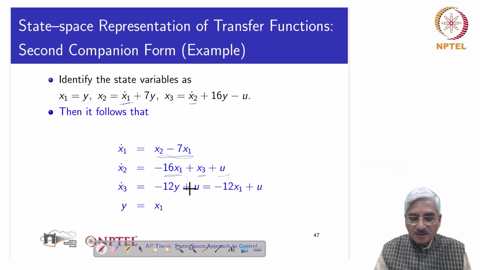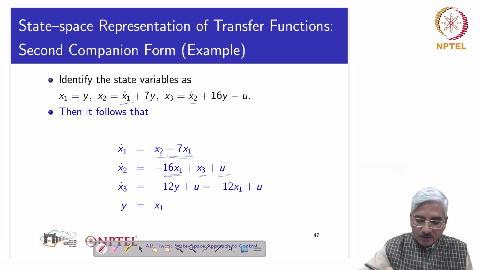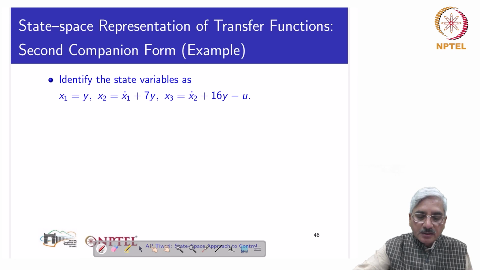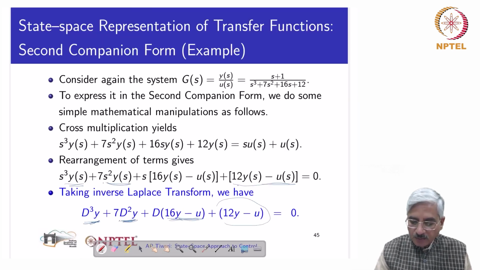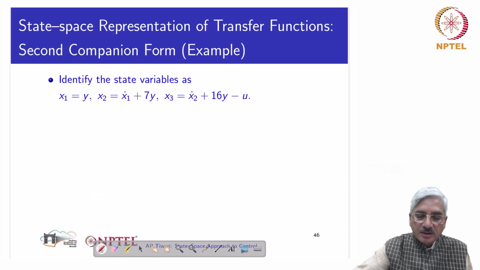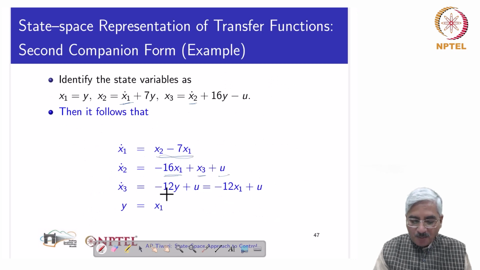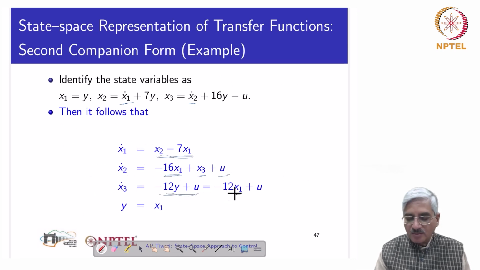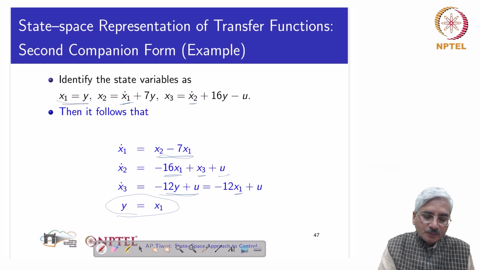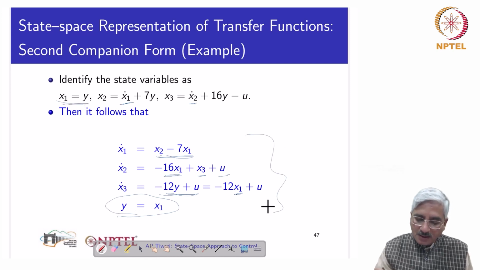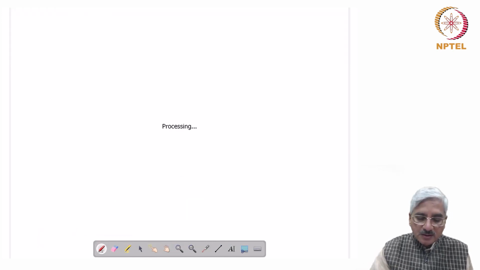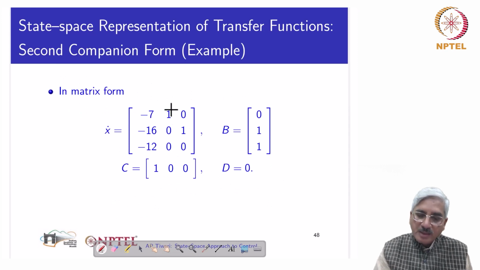And x3 dot is minus 12y plus u, which was coming from here. In place of y we substitute x1, so minus 12x1 plus u, and y is the state x1. So we get these as the state and output equations, and they are represented in matrix form.